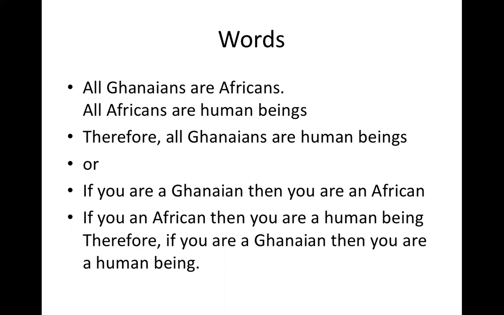All Africans are human beings. All human beings are creatures of God. All creatures of God must go to hell or heaven. Therefore, all Ghanaians must go to hell or heaven. So the conclusion just brings together the very first antecedent and the very last consequent.